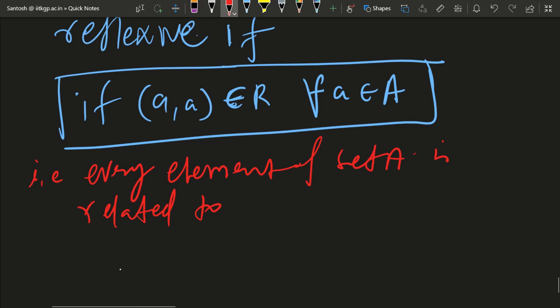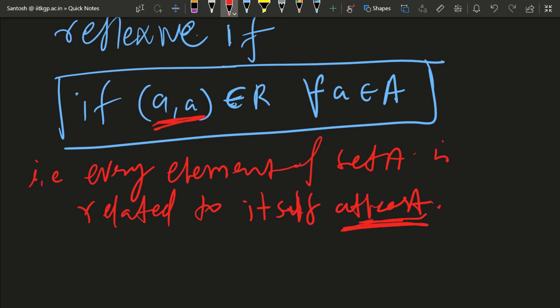A belongs to A, right? So every element is related to itself. You don't need to write at least, this is sufficient. So if every element of set A is related to itself, then we call that relation reflexive.